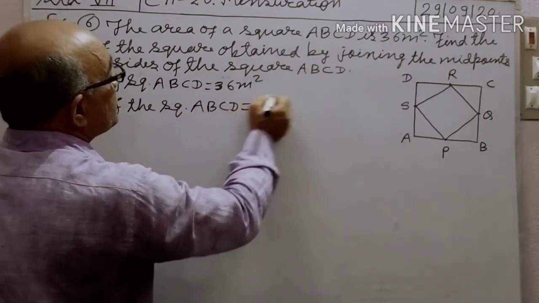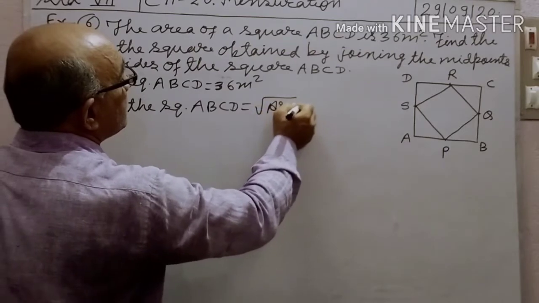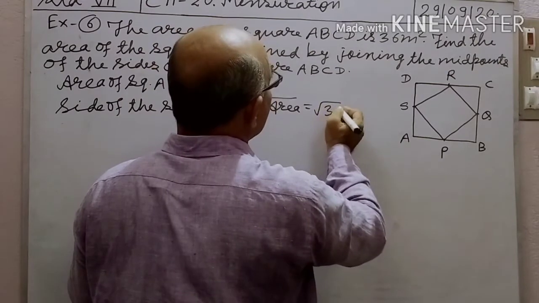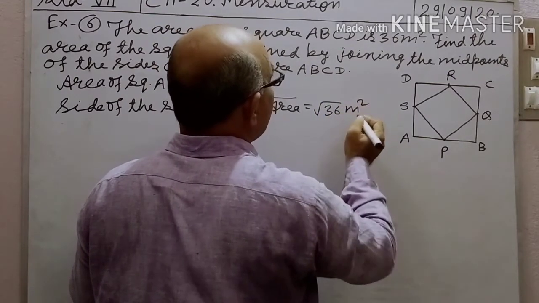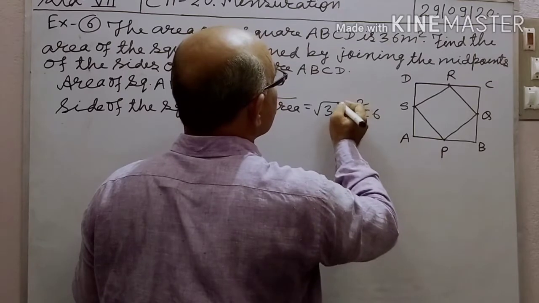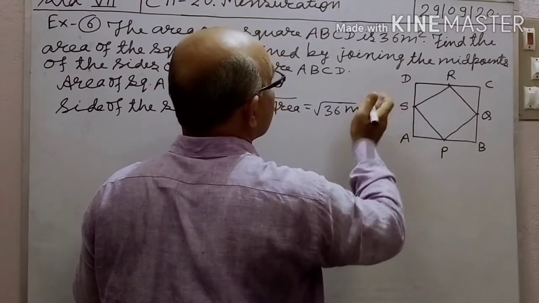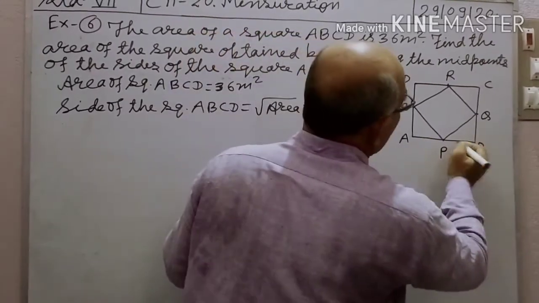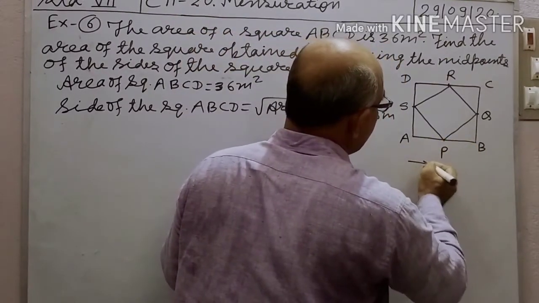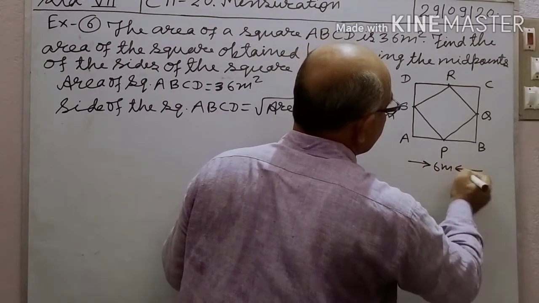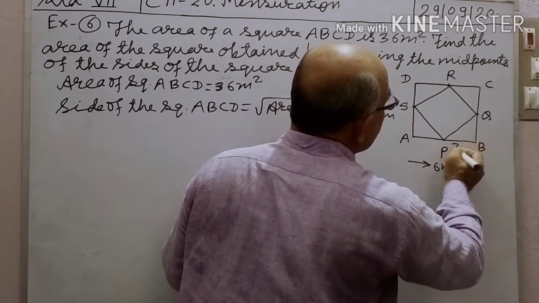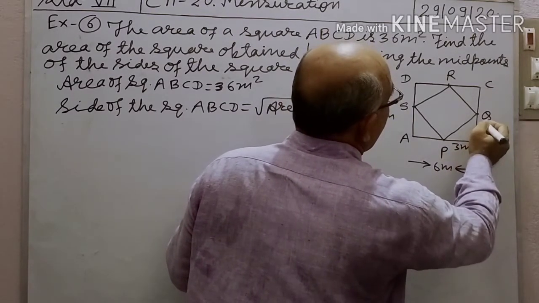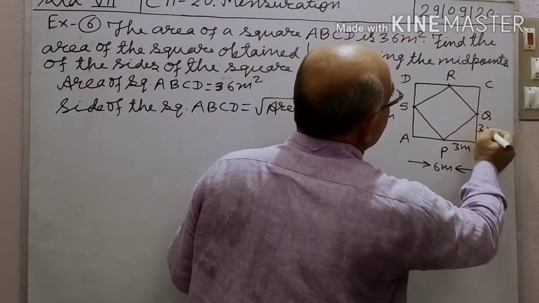Side of the square ABCD equal to under root area equal to under root 36 meter square, that means 6 meter. So AB is 6 meter, so BP is 3 meter, and BQ also 3 meter.